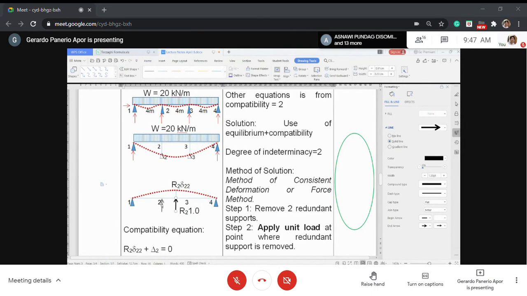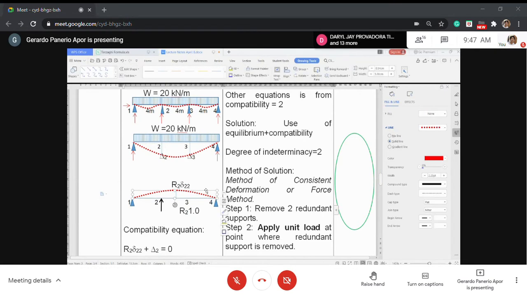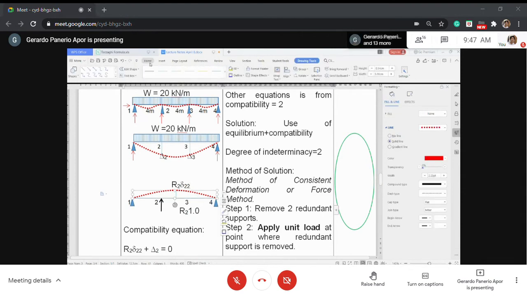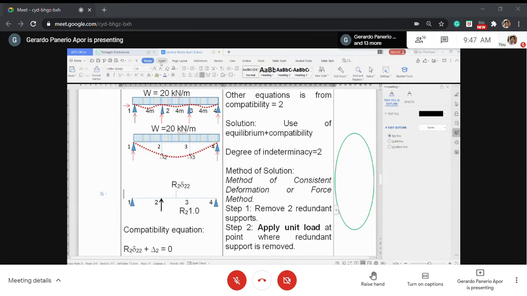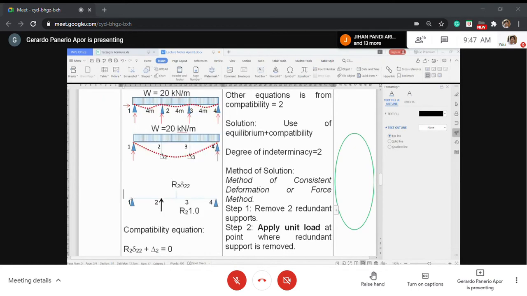Okay, at 1. So what happens is that because you apply it on this one, the curve is not symmetrical like this. In fact, the curve will go like this. Okay, that is point 1.